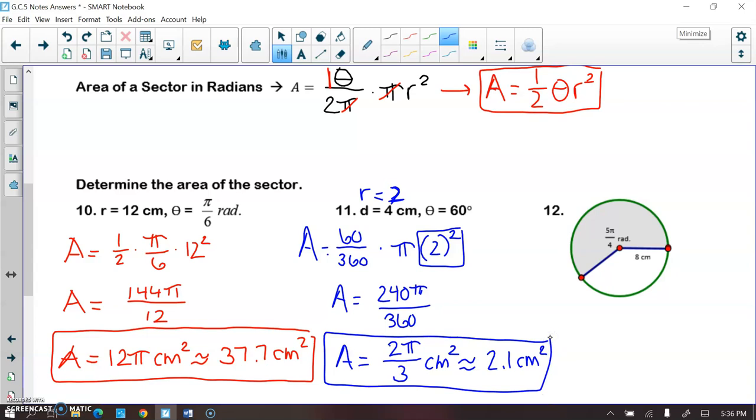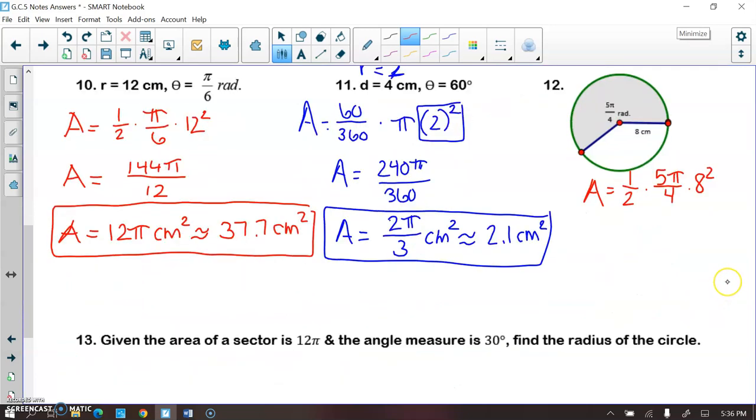The next one, I'm given my angle in radians, so I'm going to use 1/2 times my radians times my radius squared. So 8 squared is 64 times 5.